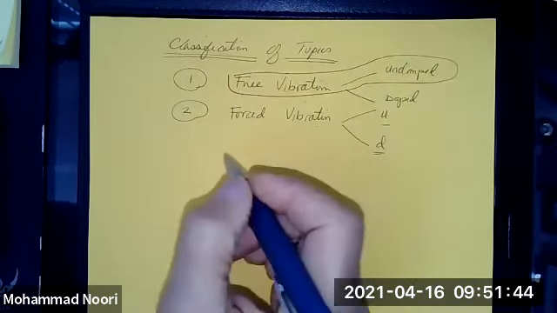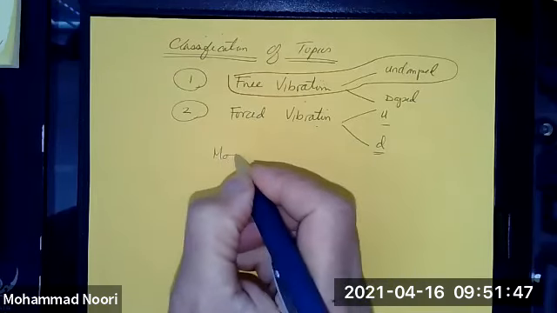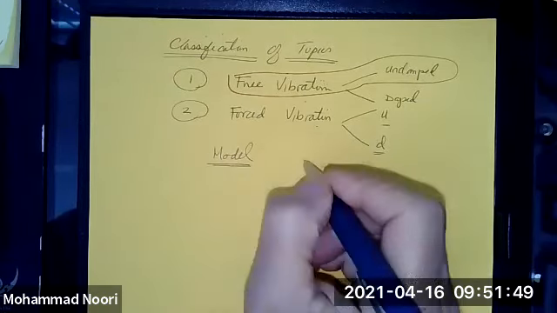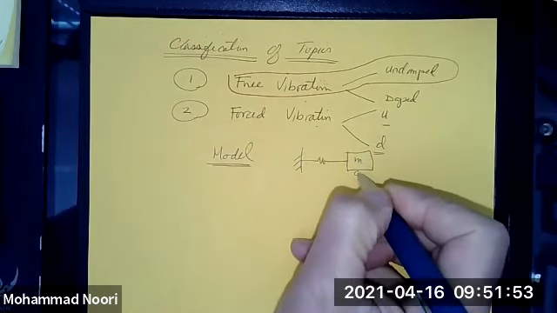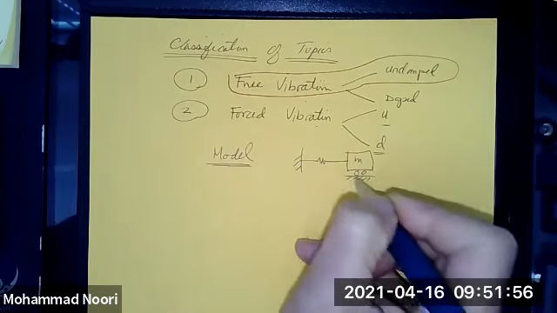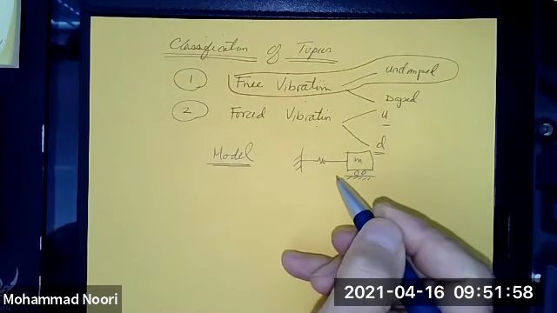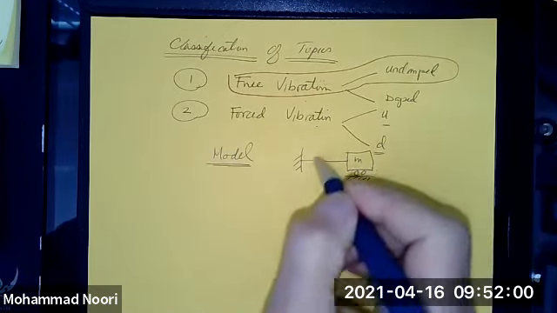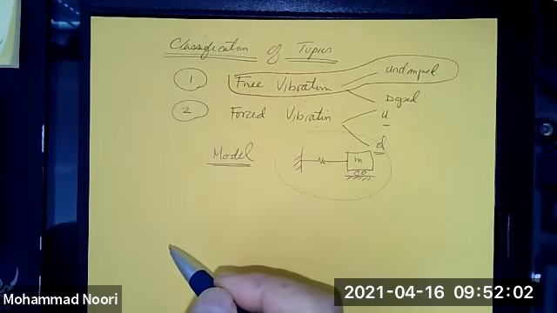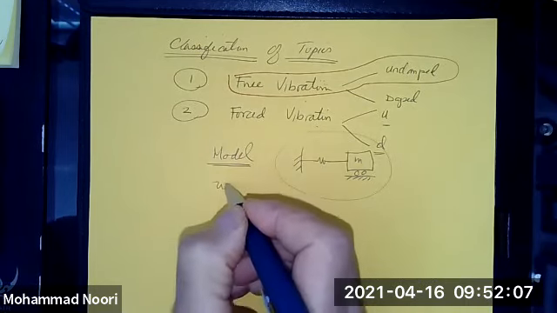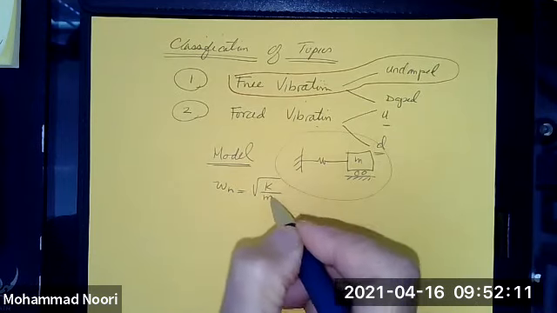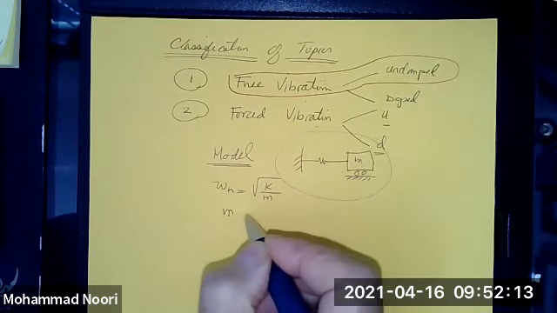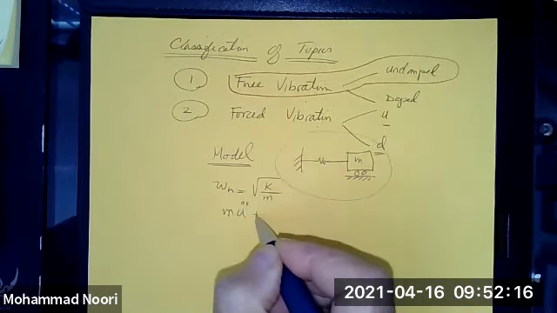In fact, that helped us to develop the model for the system, and also to study how we can model relatively complex structures by setting up this model, which is a single degree of freedom undamped system. We introduced the concept of natural frequency and set up the equation of motion.